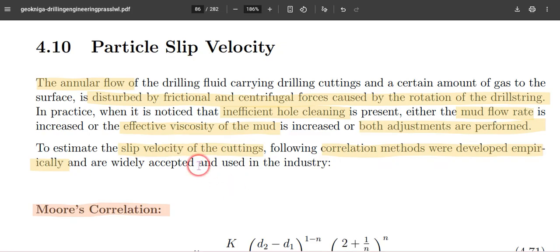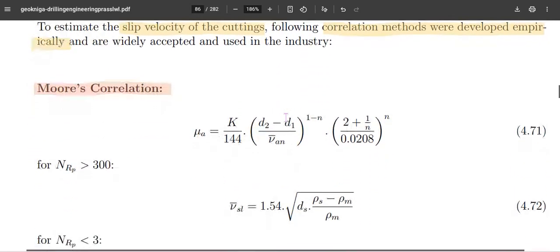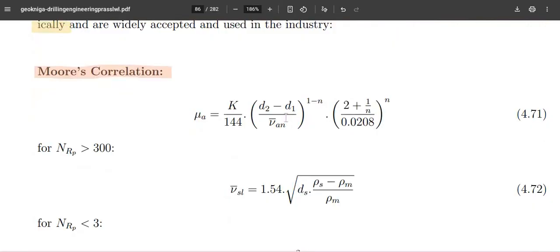So once the particle moves into the annulus, it keeps flowing along with the annulus, but the velocity of the cutting particles is a bit different from the velocity of the drilling mud in the annulus. The velocity of the cutting while moving in the annulus is called the particle slip velocity, and it is computed based on two empirical correlations.